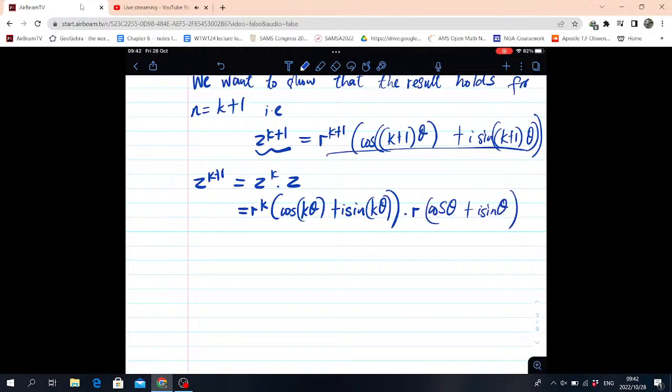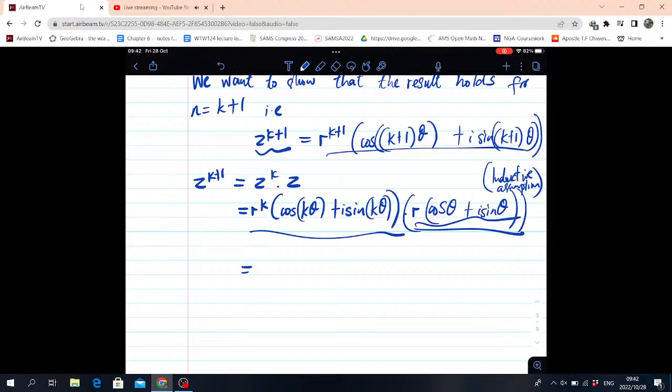And here we can say this is because of the inductive assumption. So that's what we used. Here we just substituted what z is equal to. Maybe let me put brackets there. So inductive assumption there. So here we just substituted, and here we used the inductive assumption to get that.